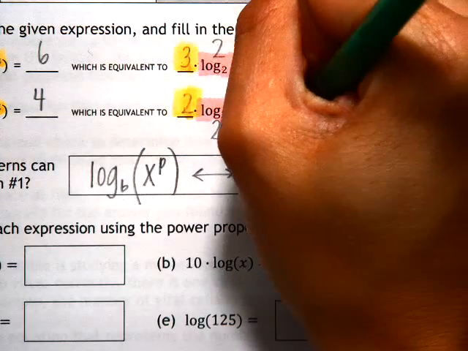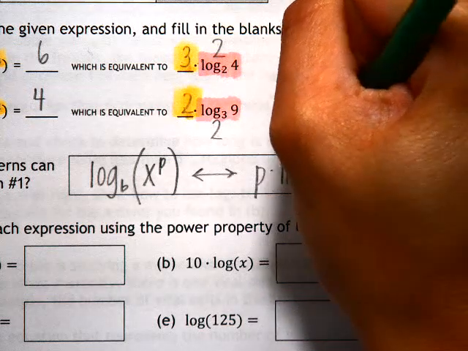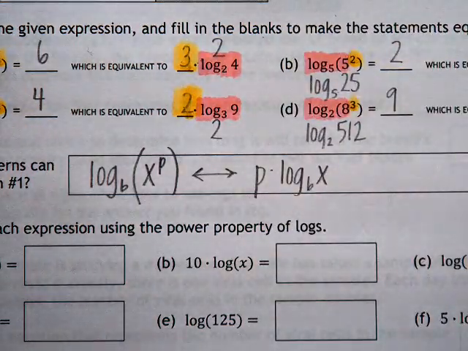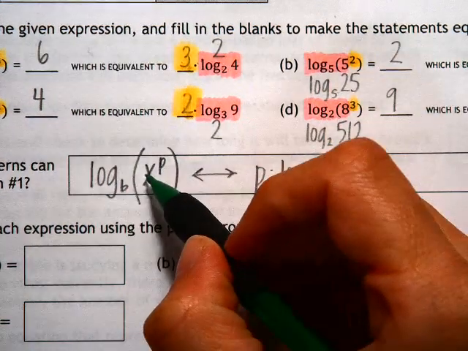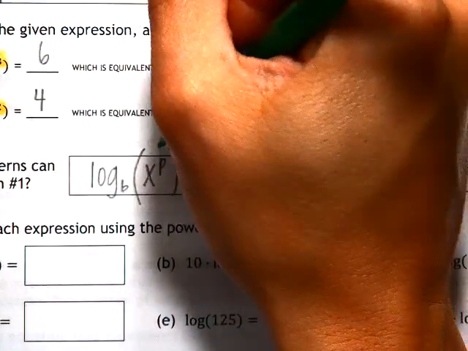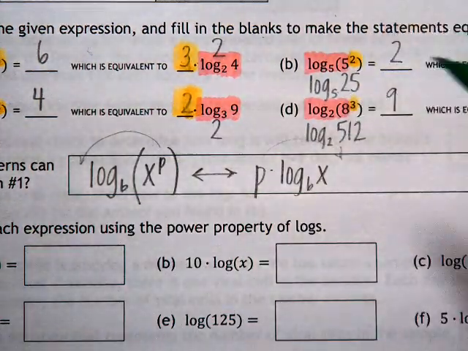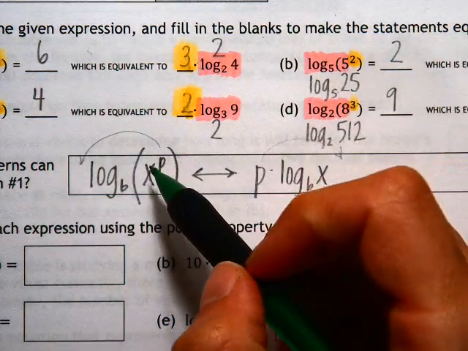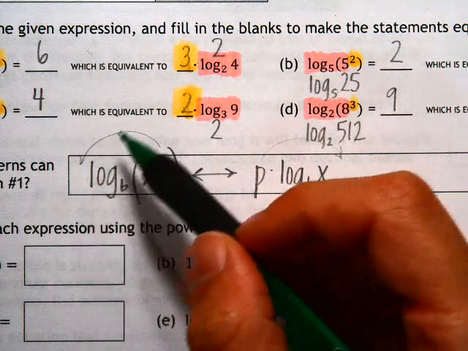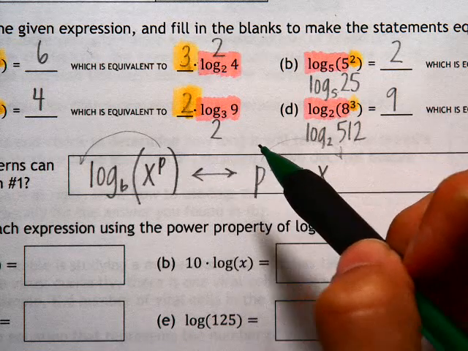And you can move the p down in the front and leave the rest of the log completely untouched. So notice the log base b and the x can stay exactly untouched, and the p can just move down. So the p is like this movable piece. The power is this movable piece that can move down if you want to, or up if you want to, depending on whatever you want to accomplish.